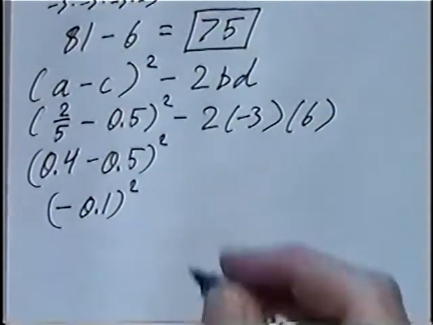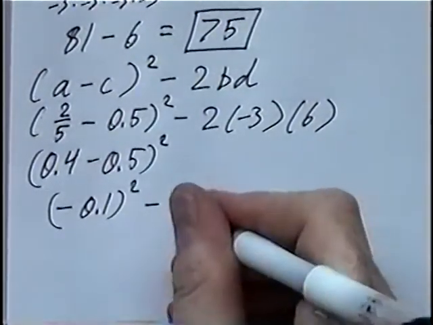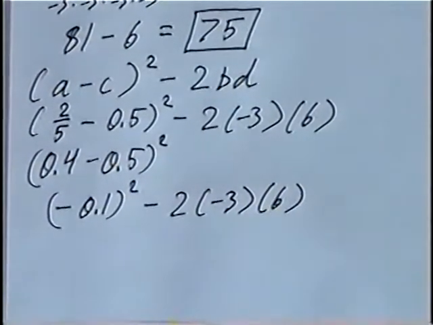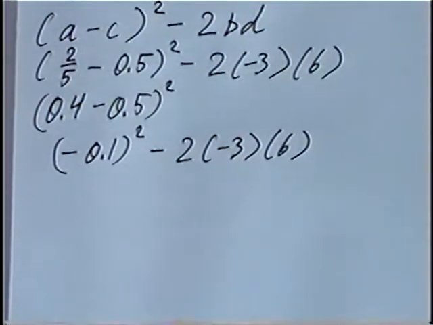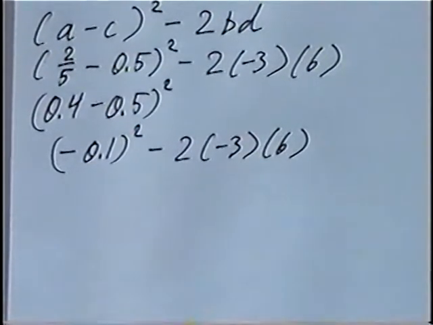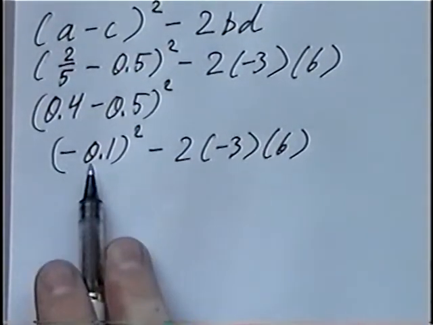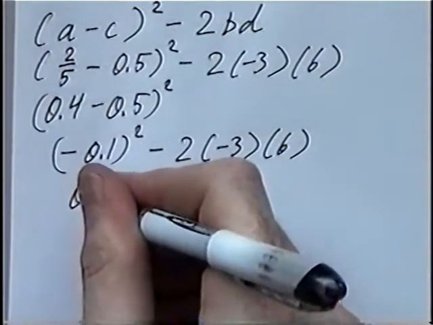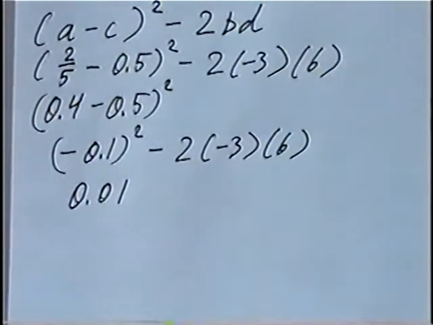Rewriting the rest of the question, we have minus 2, negative 3, and positive 6. Exponents we'll do next. 0.1 squared. If you multiply that out, that would be 0.01.